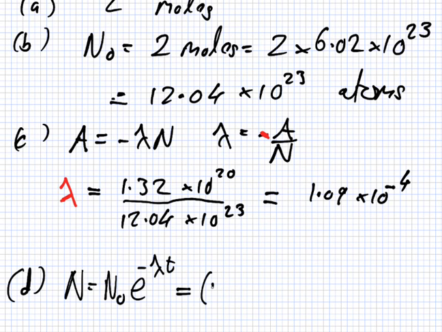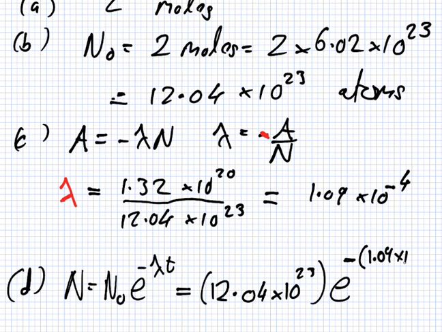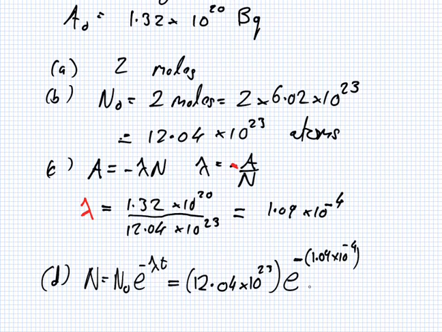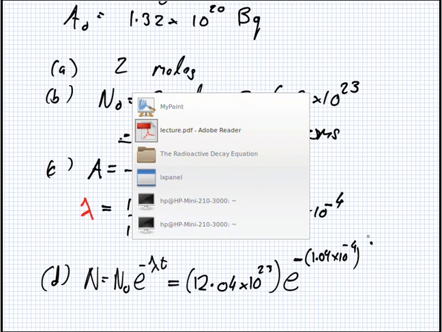The N0 was 12.04 times 10 to the 23. And the e power, the lambda was minus 1.09 times 10 to the minus 4. And what's the t? How much time has passed?